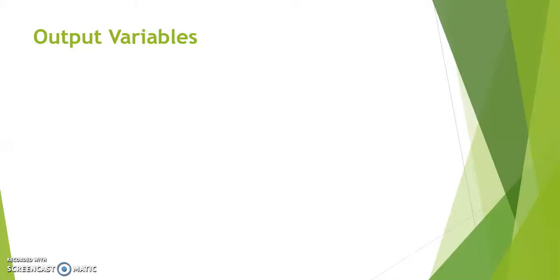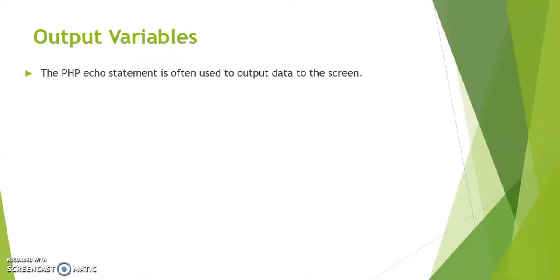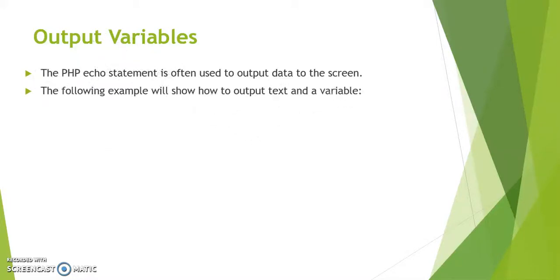Output variables. Let's see how we can output variables in PHP. The PHP echo statement is often used to output data to the screen. The following example will show you how to output text and a variable.